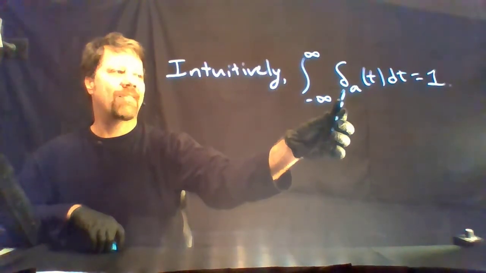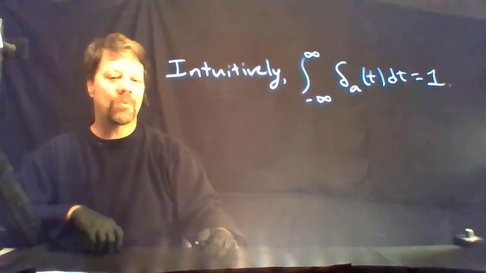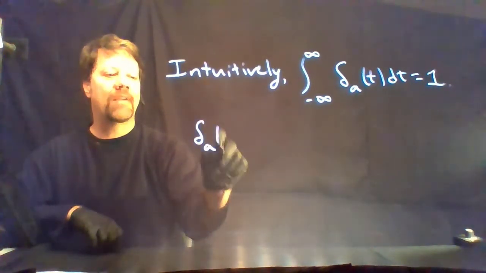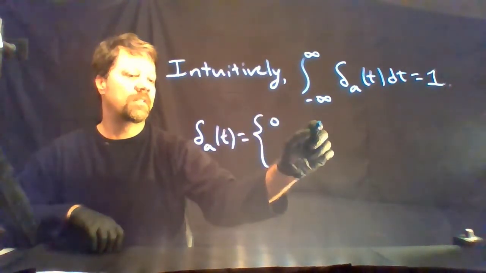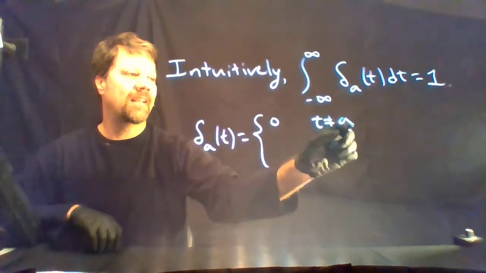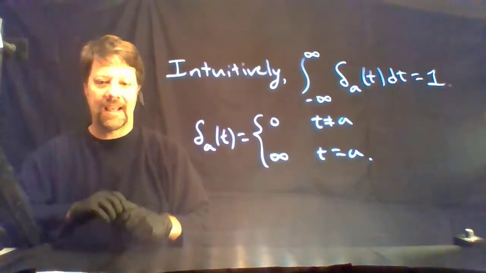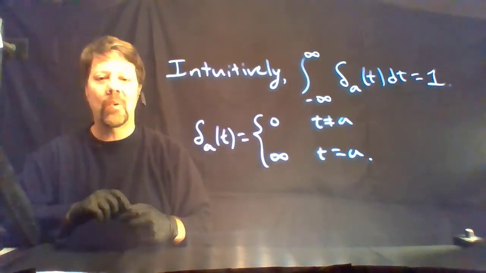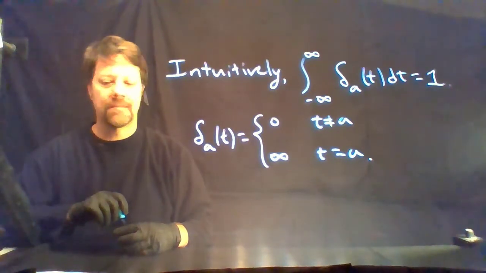It stands for the Dirac Delta function centered at A. We want that to be equal to 1, the area under the curve, but we would like the Dirac Delta function to be defined in such a way that you get 0 when t is not A, and infinity when t equals A. All the force is located at one point, all the area is located under one point of the curve. This is, of course, nonsense.